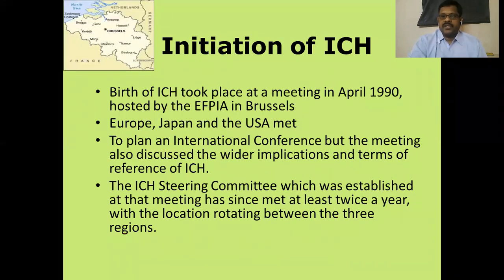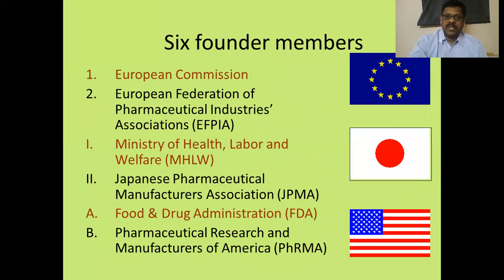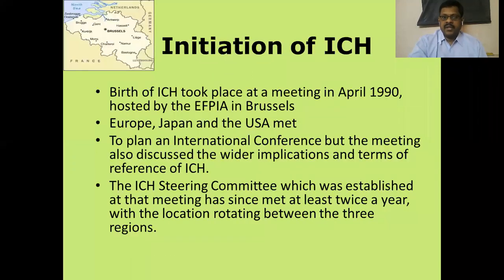Initiation of ICH started this way. The birth of ICH took place at a meeting in April 1990, hosted by EFPIA, the European Federation of Pharmaceutical Industries Associations, in Brussels. Europe, Japan, and the USA met at that conference.